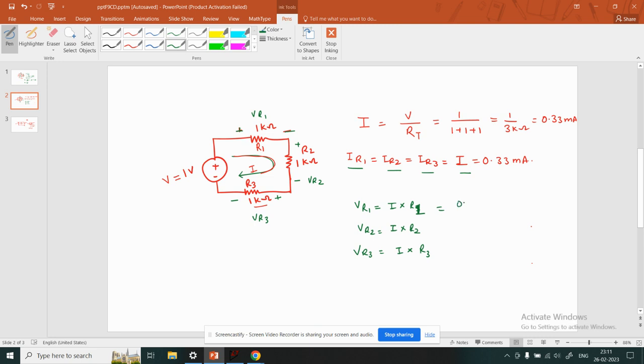So we see here the value of I is 0.33 milliampere multiplied by the value of R1, which is 1 kilo ohm. So we can actually see that the voltage drop across this one will be 0.33 volt or 330 millivolt, and the voltage drop across VR2 is basically the voltage difference between these two nodes.